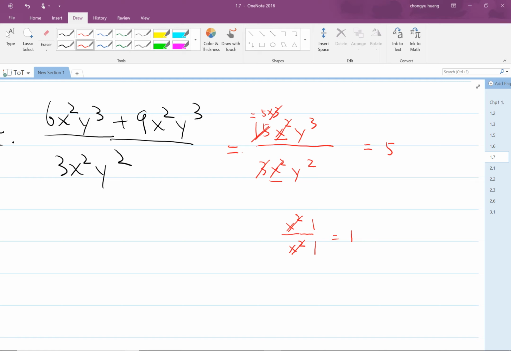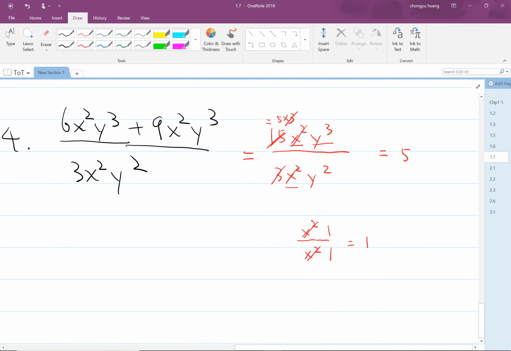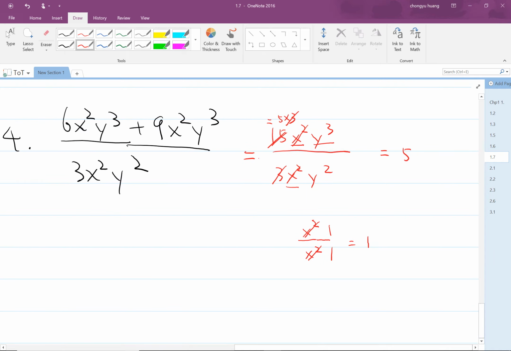Okay, and then for y, we have y to the power 3 in the numerator and y to the power 2 as the denominator. So as the rule says, it's gonna be y to the power 3 minus 2, right? And further on we need to simplify a little bit more.